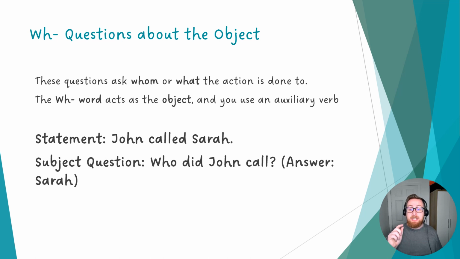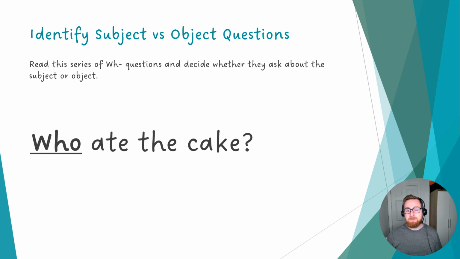So we use did. Let's underline that. We do use an auxiliary verb when we're talking about an object. Who did you call? And the answer there would be Sarah. So this changes the emphasis of the question and what we're talking about.